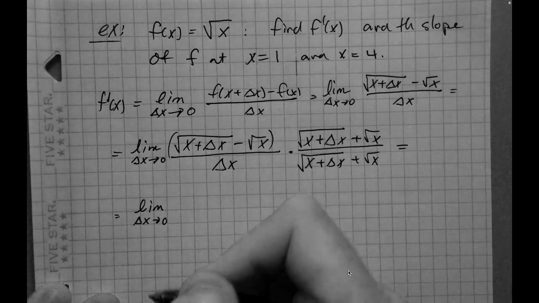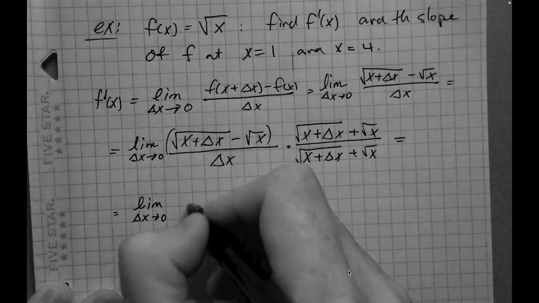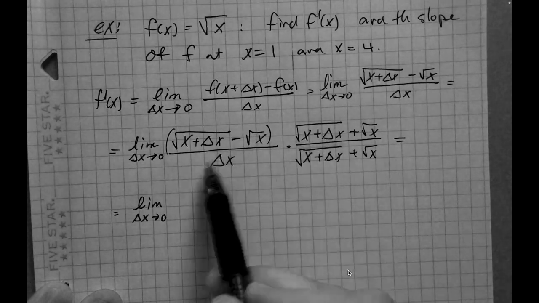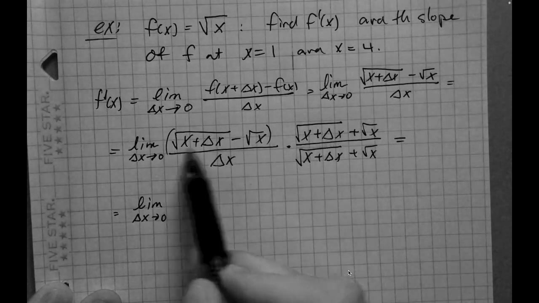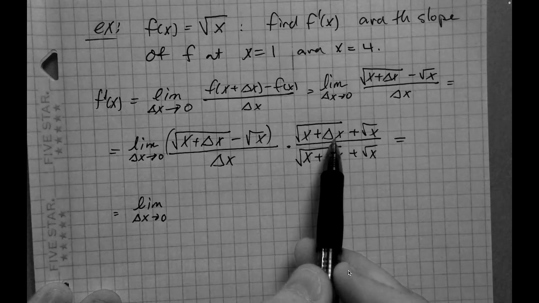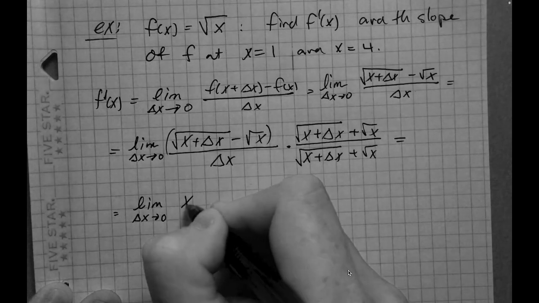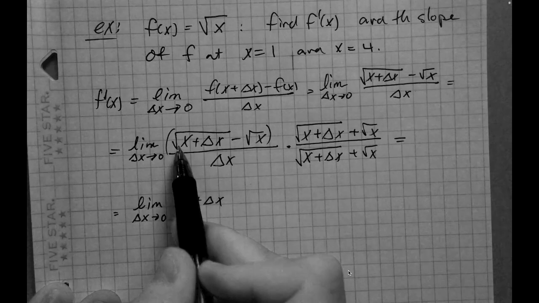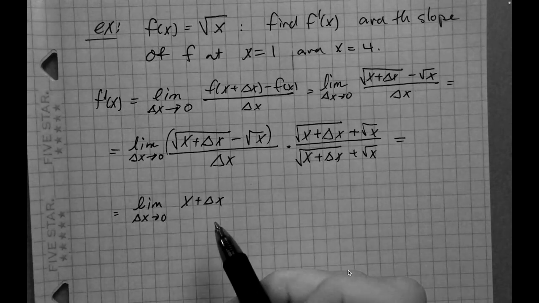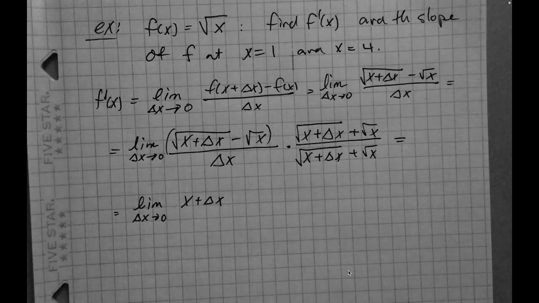Let's multiply out the top. The square root of x plus delta x times the square root of x plus delta x is going to give you x plus delta x. You multiply the two square roots together; it's like squaring the square root, and you undo it.